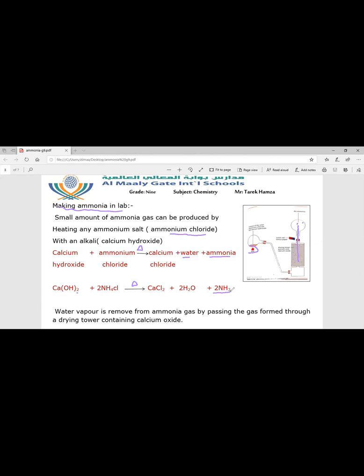So we can obtain ammonia in the lab by an easy experiment, by the reaction between ammonium chloride and the weak alkali calcium hydroxide in the presence of heat. Calcium chloride, water and ammonia are produced.